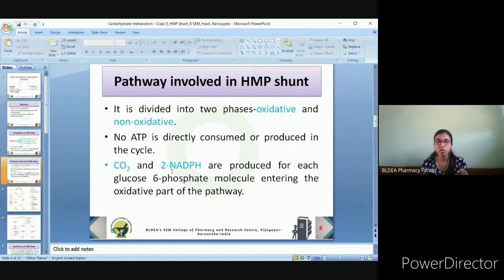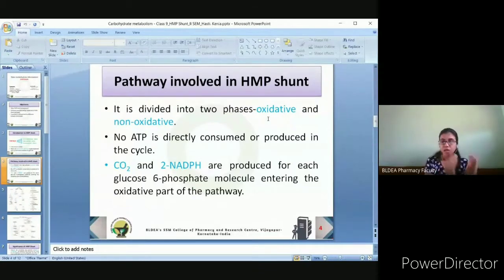Now the role of this nicotinamide adenine dinucleotide phosphate is very, very important, and the reduced form is utilized in many of the other processes in the body. So we will see what is the importance of this NADPH as well. Okay, so here majorly two phases, oxidative and non-oxidative phases.